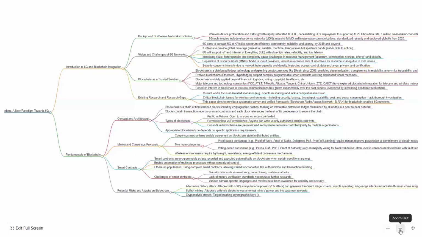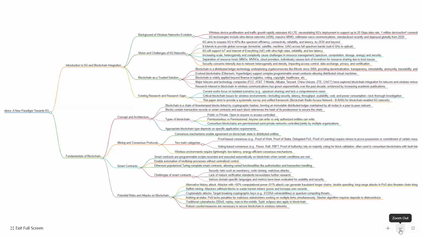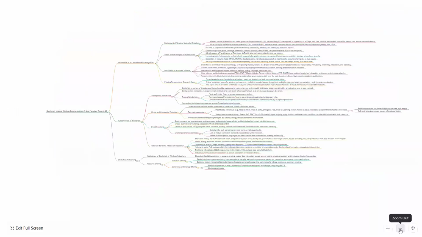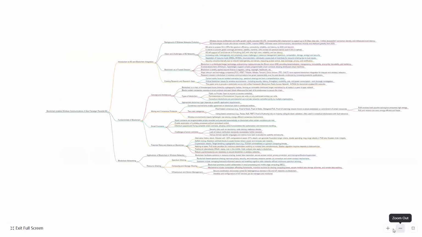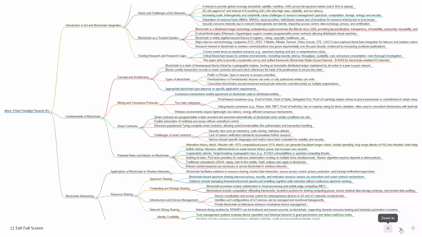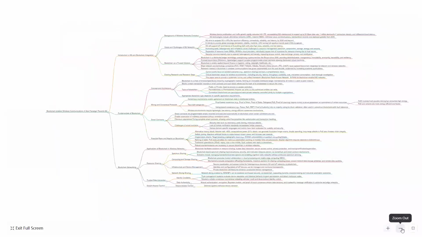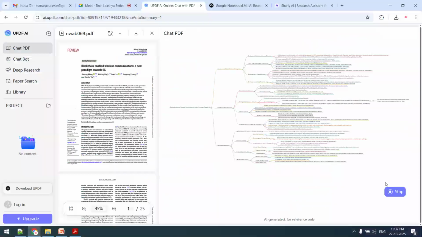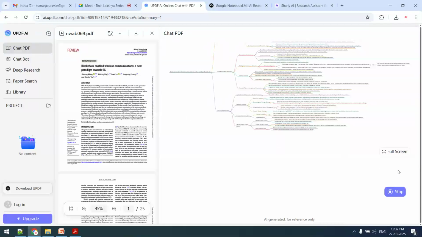It is extracting data from that PDF. For example, you have a PDF of 200 or 500 pages and you want to extract the data and understand that content very quickly. For that you can use AI based platforms.